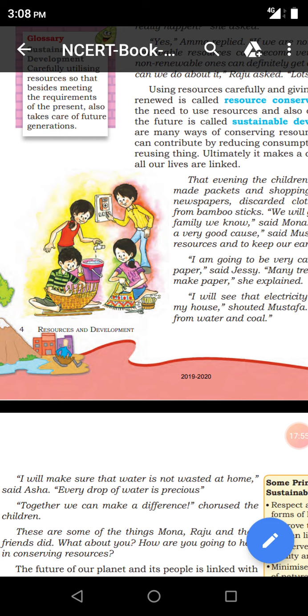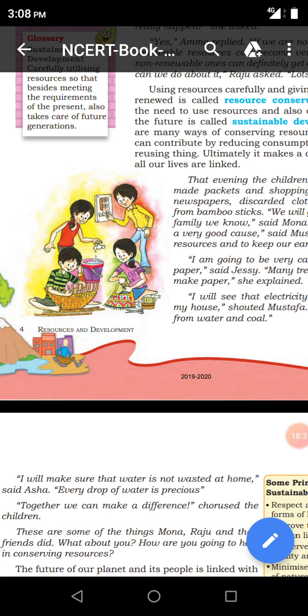They exist in unlimited quantity, for example, solar and wind energy. On the other hand, the use of non-renewable resources needs to be controlled since once they end up, they are gone, such as coal and petroleum.